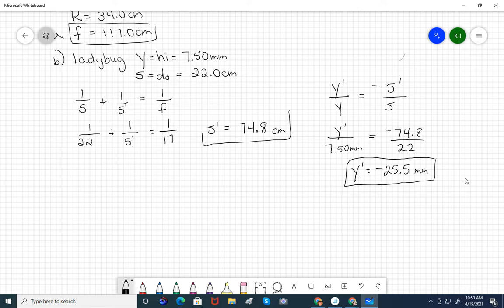They don't ask me for magnification, but magnification is easy to get. It is the ratio of image distance to object distance, so negative 74.8 over 22.